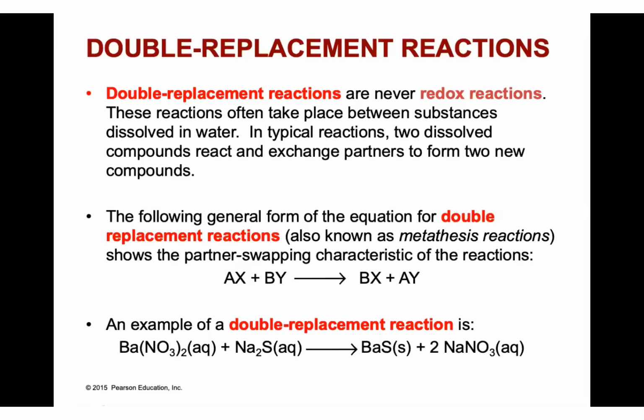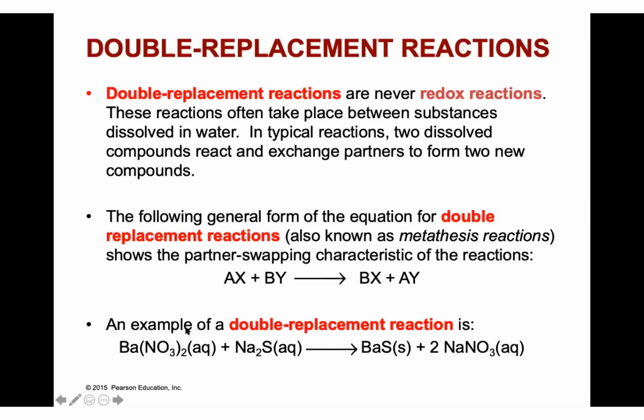Never try to switch both at the same time, because you're going to have the same compounds at the end, right? So if I change A and B, B is going to be replaced with A, and it is going to be BX plus AY.